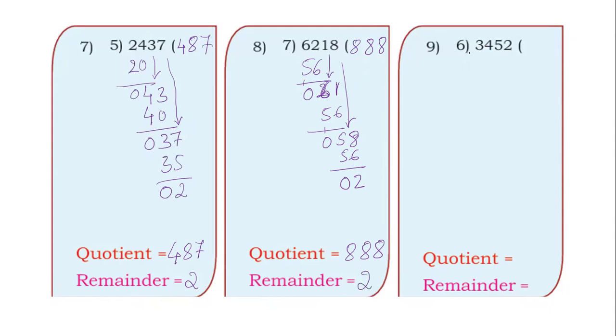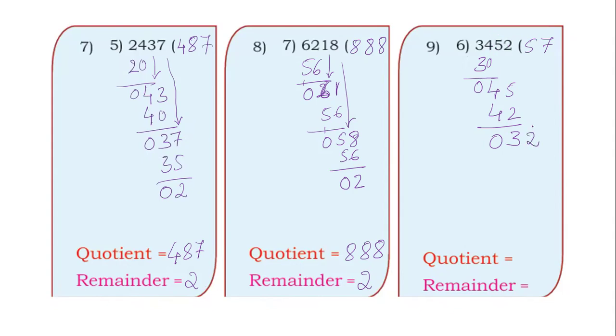Ninth one, 3452 divided by 6. 6 5s are 30. 4 minus 0 is 4. 3 minus 3, 0. Take this 5. 6 7s are 42. 5 minus 2 is 3. 4 minus 4, 0.